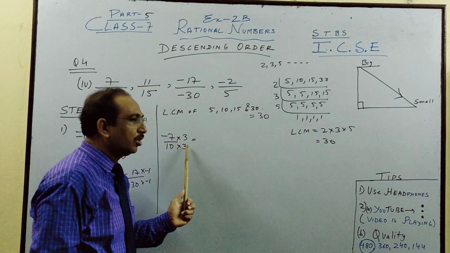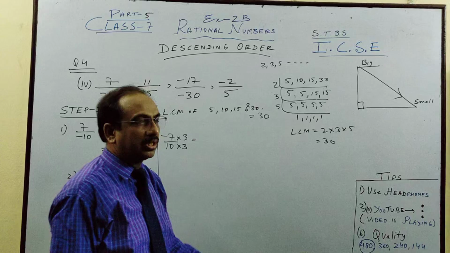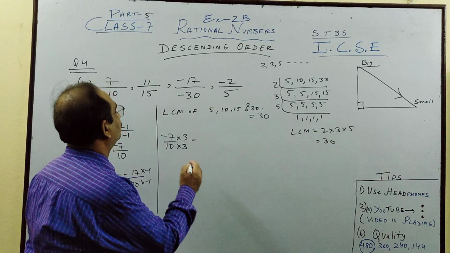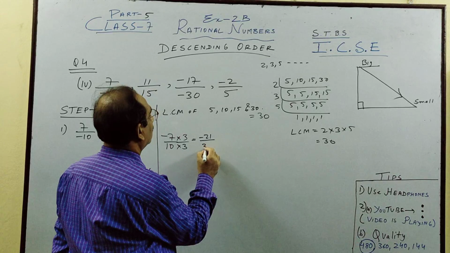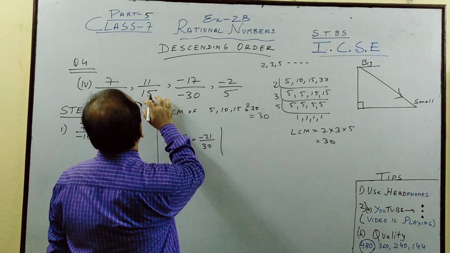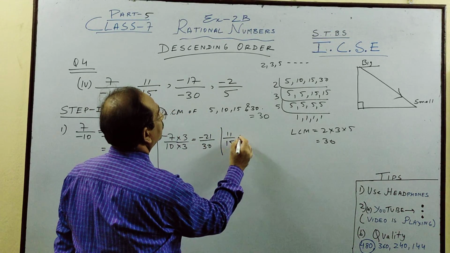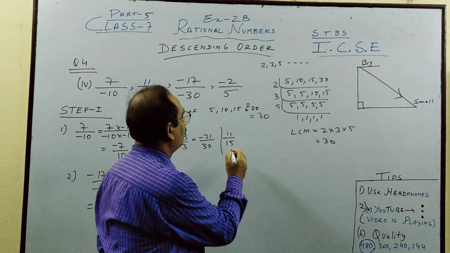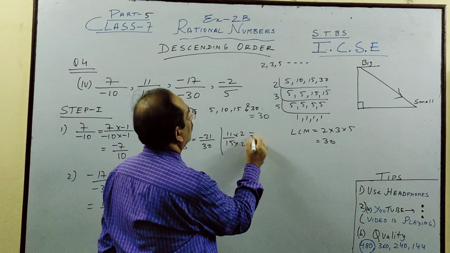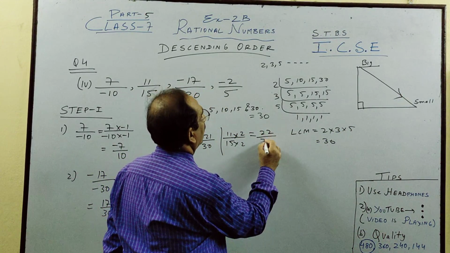So you will understand what to multiply. 5 2s are 10, you take out. You are left with 3. So this is minus 21 by 30. Next is 11 by 15. So 15, 5 3s are 15, hide it. 2s are 15, 2s are 30. So up and down both you multiply.